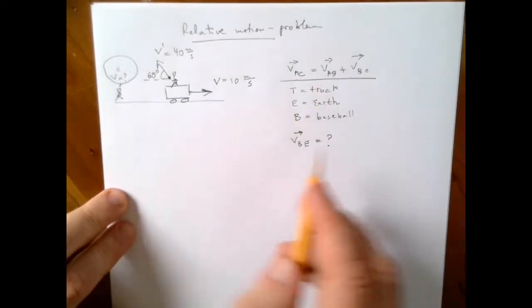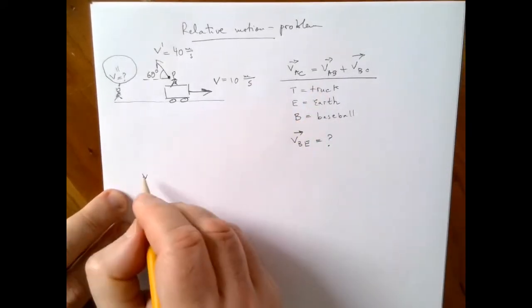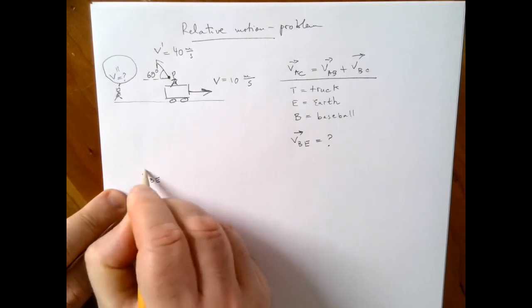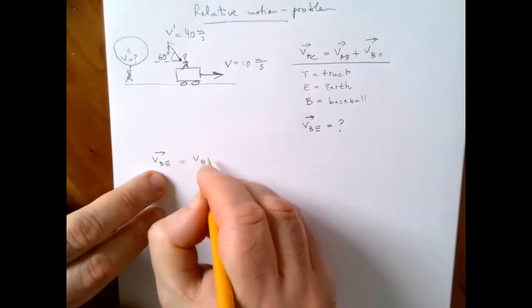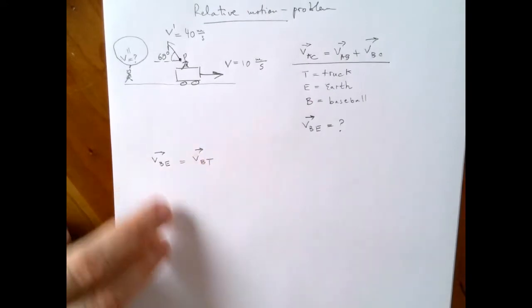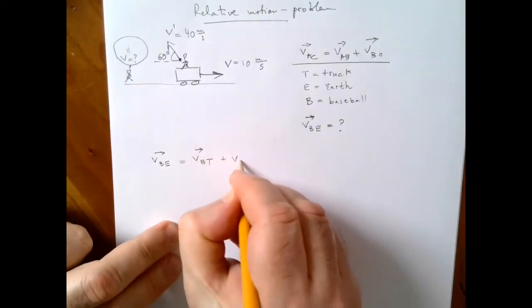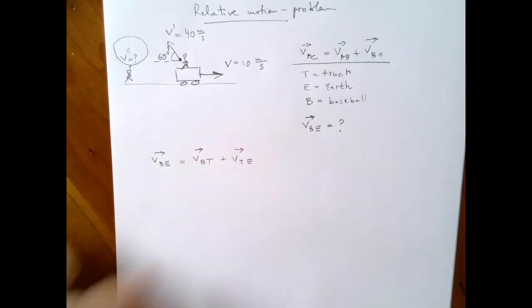If we write this equation using our notation, we have velocity of the ball with respect to earth is equal to the velocity of the ball with respect to the truck plus velocity of the truck with respect to the earth.